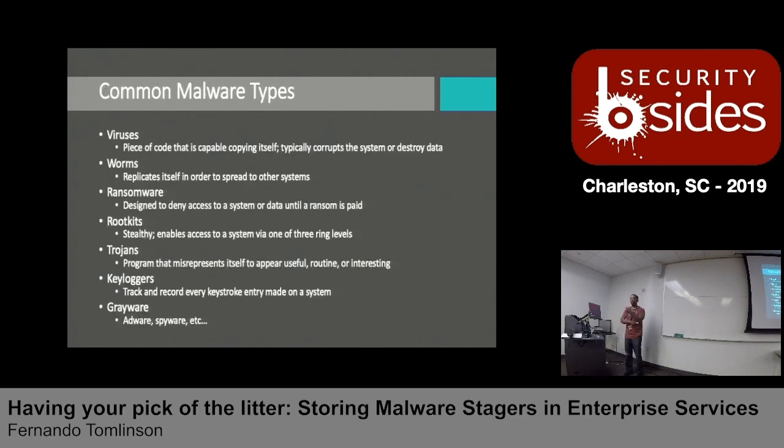So when we look at the common types of malware, right, we see what's before us. And generally speaking, I think worms and viruses are the thing we previously always thought about when we mentioned malware. But now we see a lot of ransomware, definitely financial gain, right? Where somebody's trying to get code execution on the system. They want to encrypt the drive. They want to hold the system for ransom.